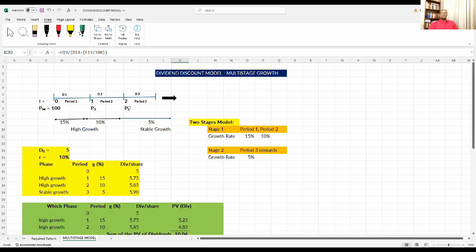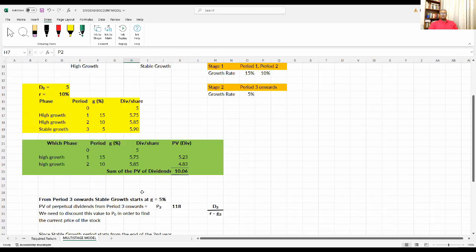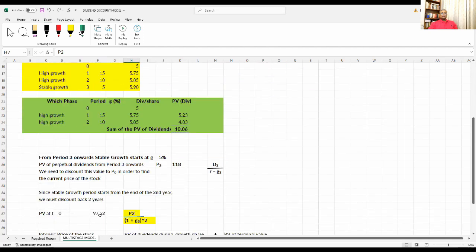Now what we need to do? We need to bring P2 to present. That's a simple case. We just calculate the present value of P2 over 2 years. So now if we do that, the present value becomes 97.52.